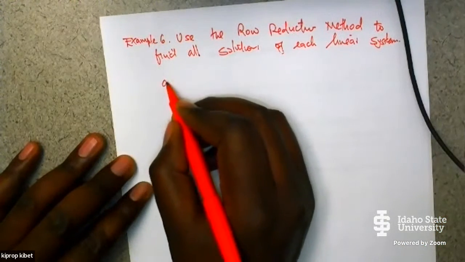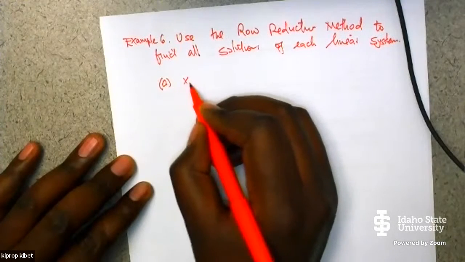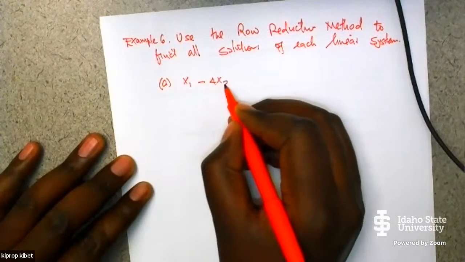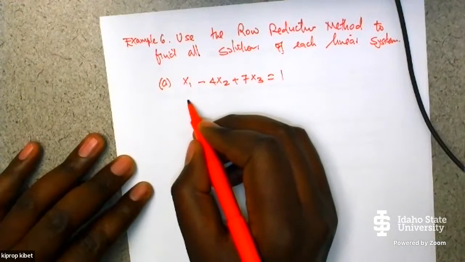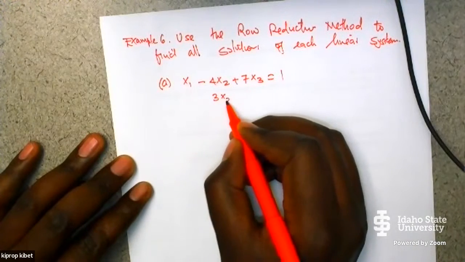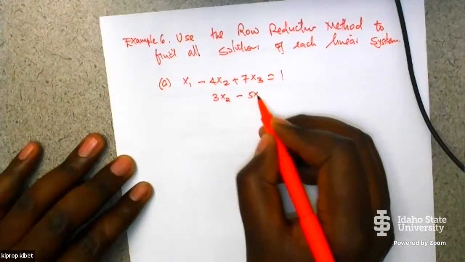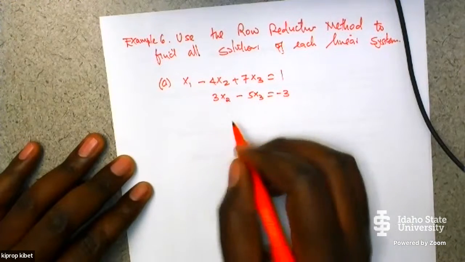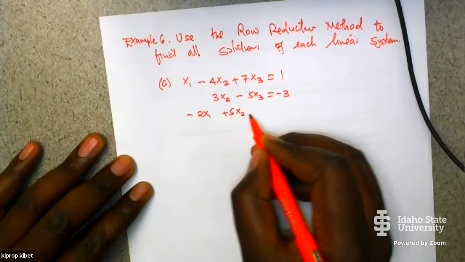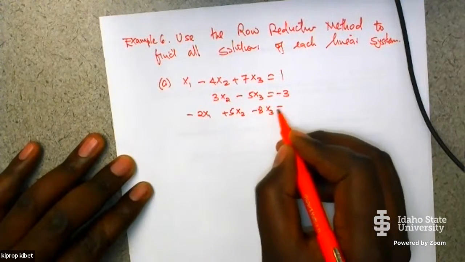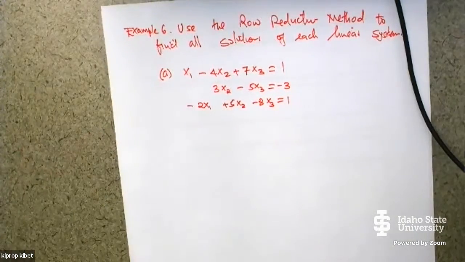So we have x1 minus 4x2 plus 7x3 equals 1, 3x2 minus 5x3 equals minus 3, and minus 2x1 plus 5x2 minus 8x3 equals 1.